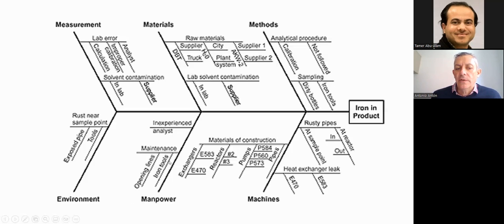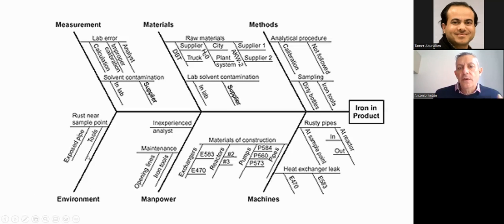We will talk about inexperienced analysts, perhaps maintenance, in terms of iron tools or openings, the fines. And so it's another issue to take into account. Or environmental words, the sample point, when you talk about the tools or different parts.